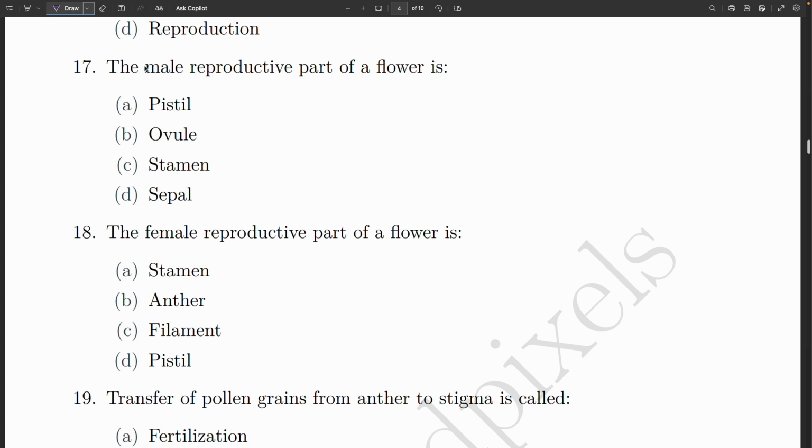Okay. The male reproductive part of a flower is, देखिए बेटा, जो male reproductive part होता है flower में उसको हम normal भाषा में androecium बोलते हैं. Female reproductive part को gynoecium बोलते हैं.